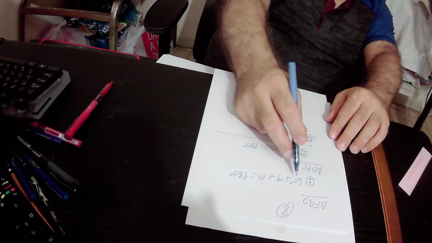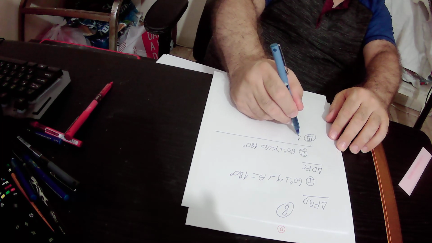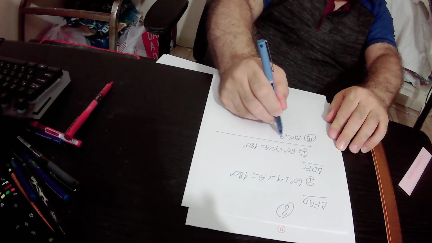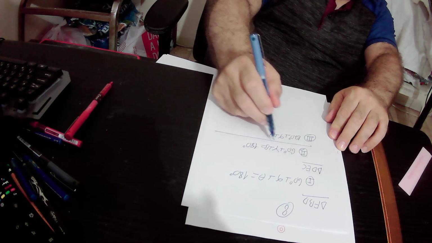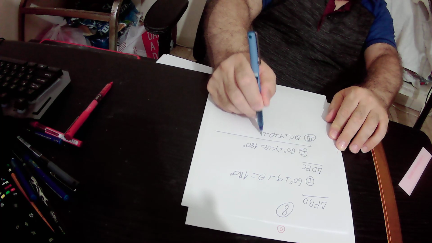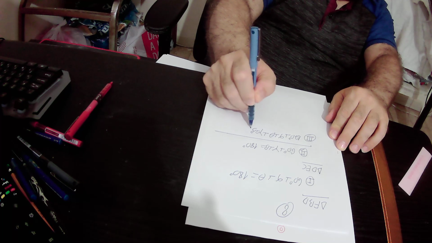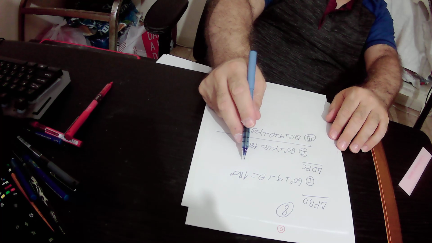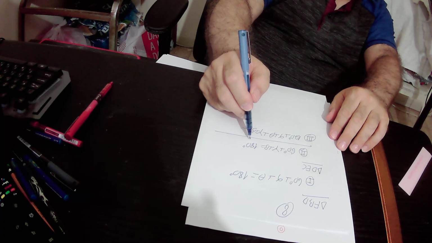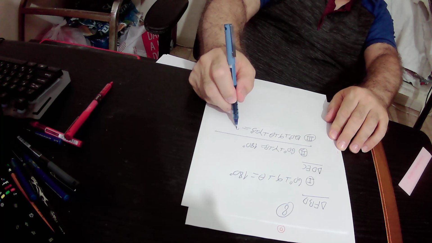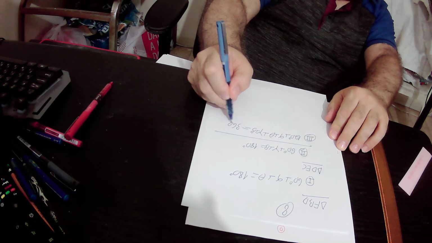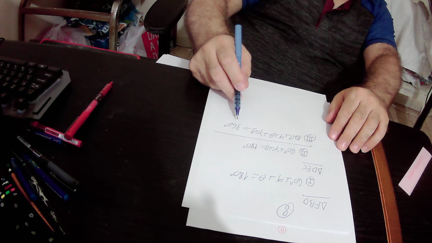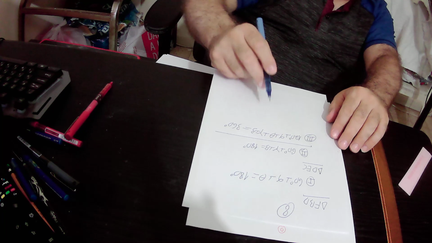Okay, so 60 degrees plus 60 degrees is 120 degrees, plus alpha plus theta, plus gamma plus beta, and on the other side of the equations we have 180 degrees plus 180 degrees equals 360 degrees.